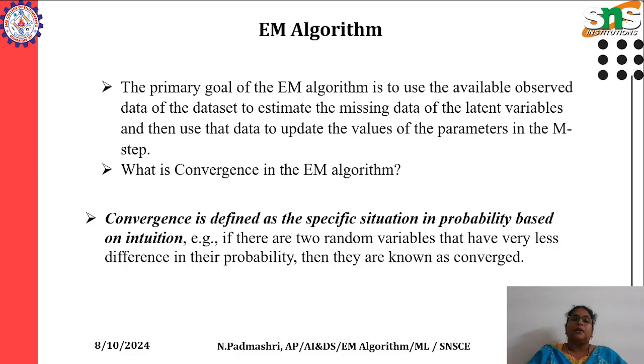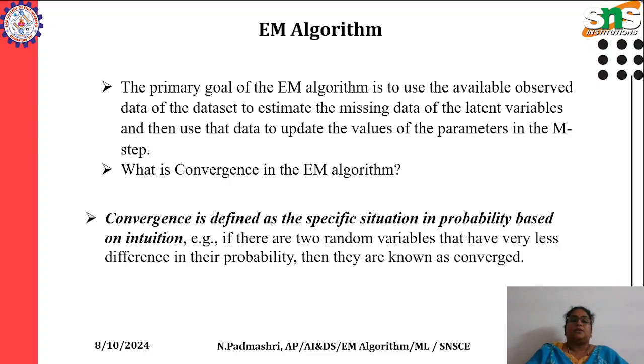The data will be present in E, the variables will be analyzed and sent to M. M will maximize the parameter values and then send them back to E. So this is a loop, and it will continue until we obtain the convergence values.